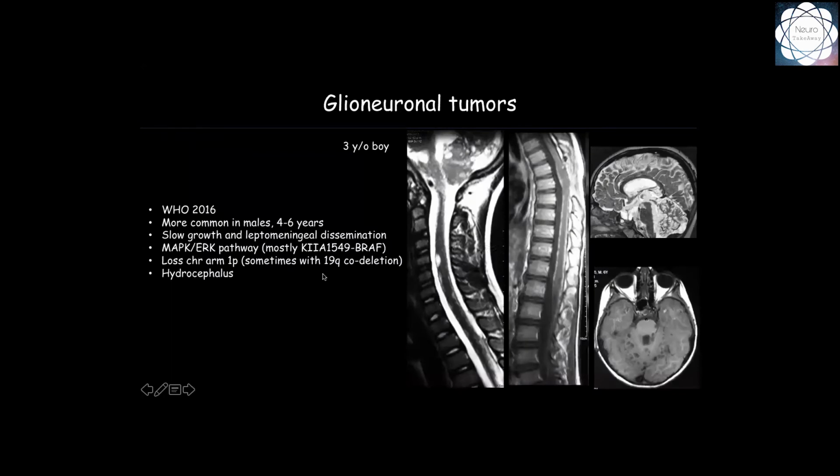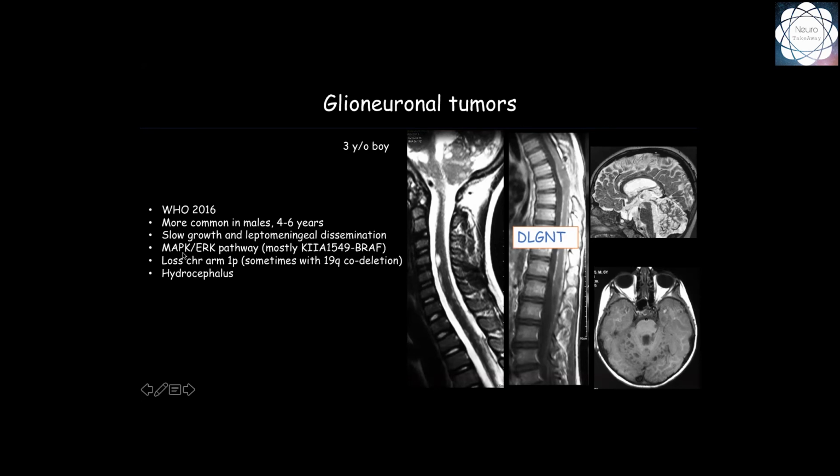We have another tumor which was introduced in 2016, which is the diffuse leptomeningeal glioneuronal tumor. It's more common in males between 4 and 6 years of age. It has a slow growth pattern, leptomeningeal dissemination.